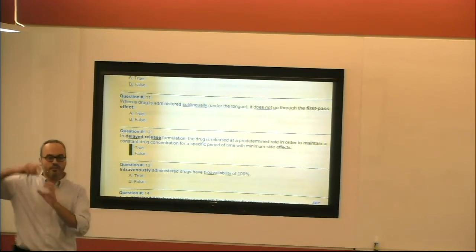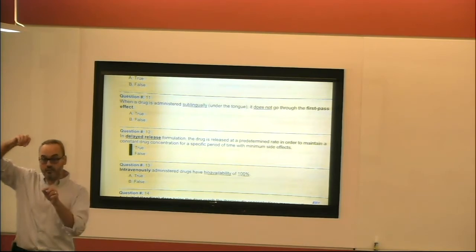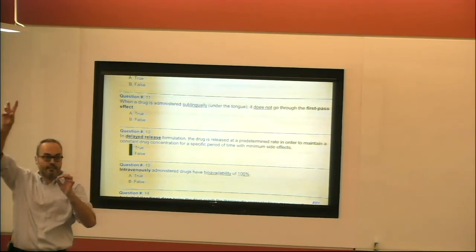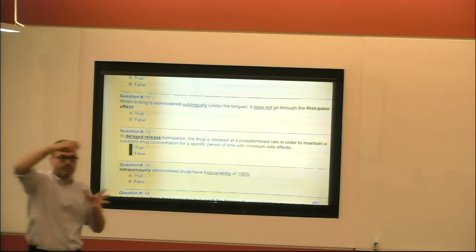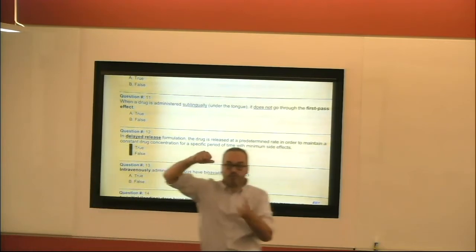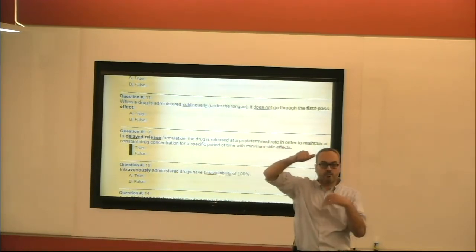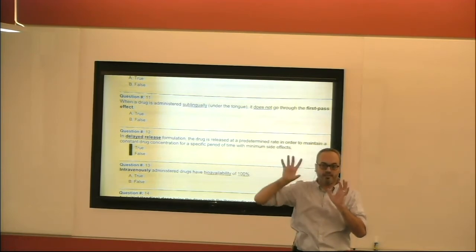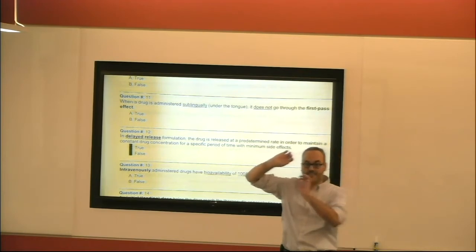If you do, there is part of the rectum, the top part, that actually goes through the first pass effect. If you do, then it's your fault, because rectal suppositories are not supposed to go through first pass effect. That's why when you administer a suppository to a child, you should not try to push it all the way up. Just let it go by itself.